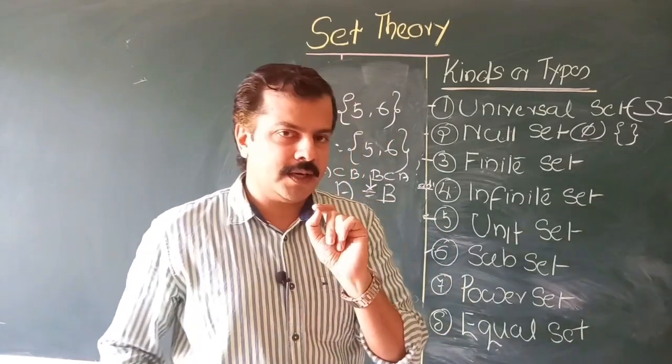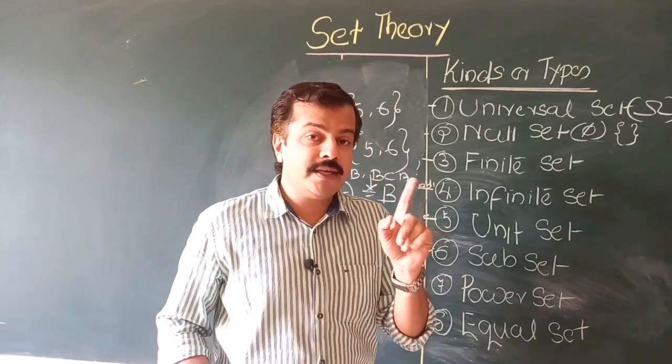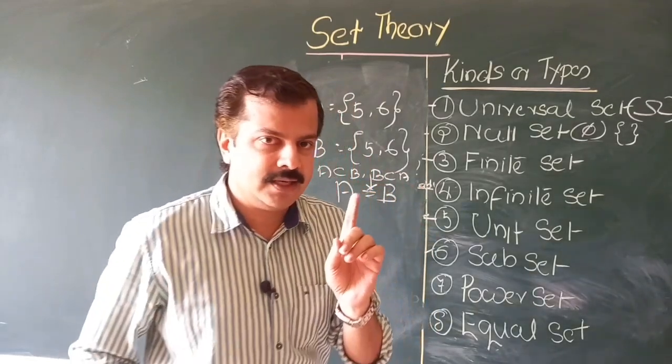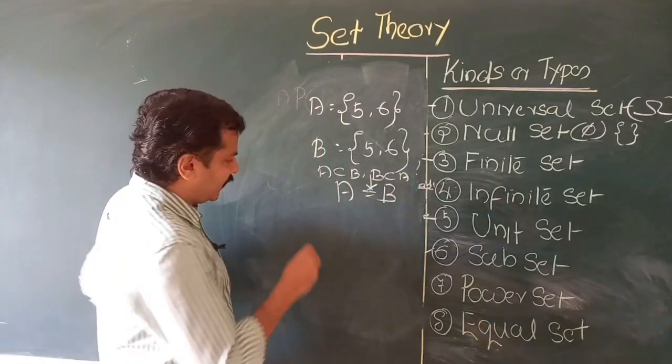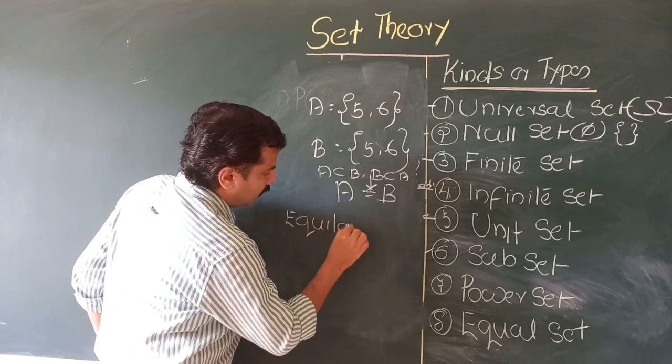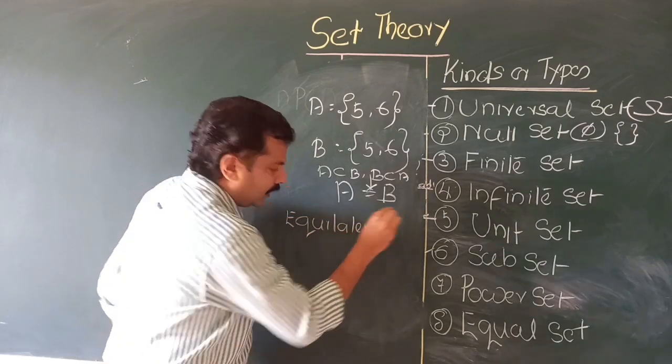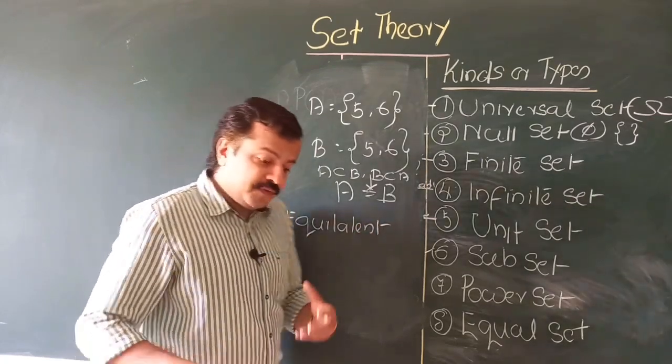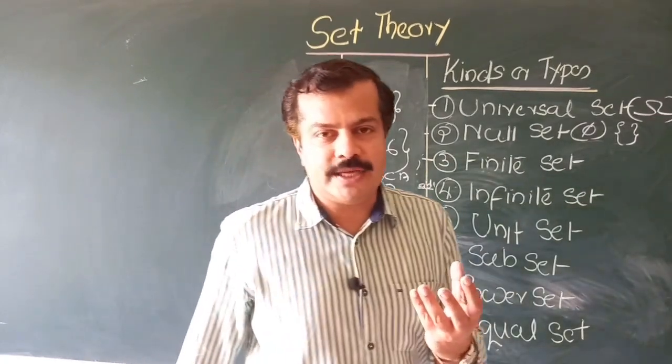One point to remember, there is another term we call an equivalent set. There's a slight difference. Equivalent set means the number of elements in the 2 sets is equal.